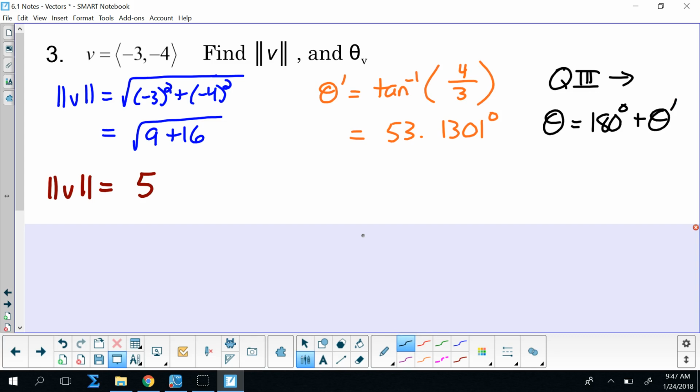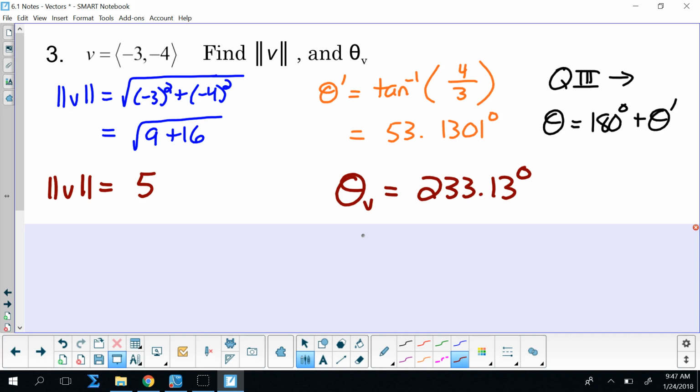And so that's going to give me the direction of v as 233.13 degrees. Concur? Okay. Speak now, forever hold your peace.